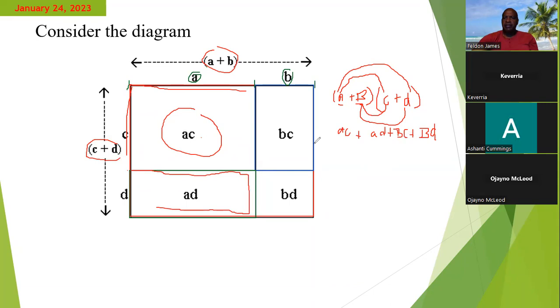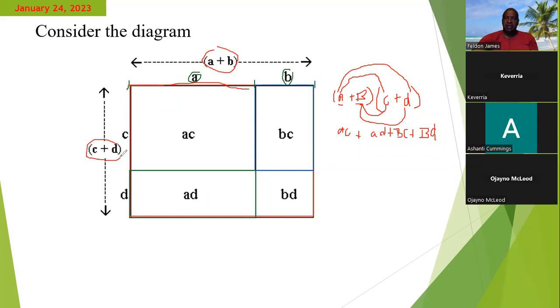And then for BC, you would have this rectangle here. And I want you to just note that these rectangles would be as a result of these lengths. So this length A, and this length C, and this length B with this length C.